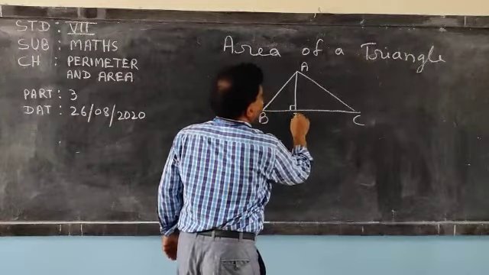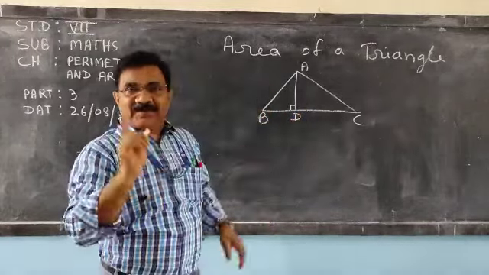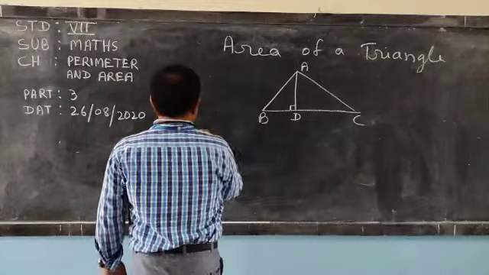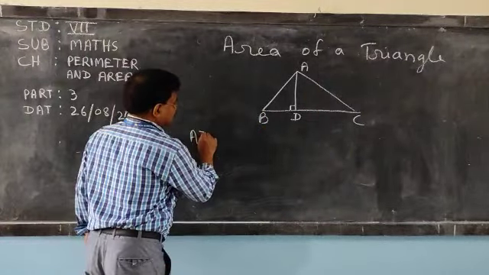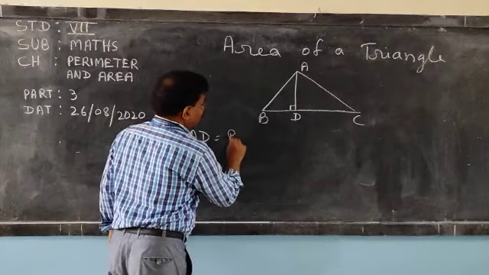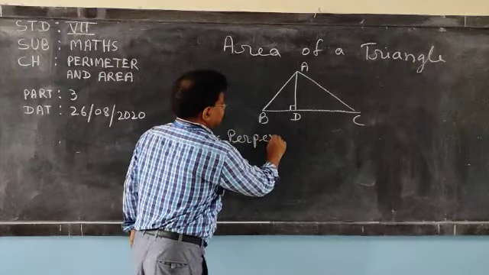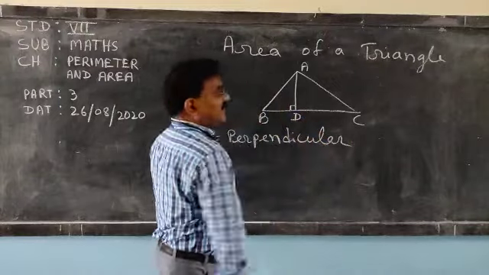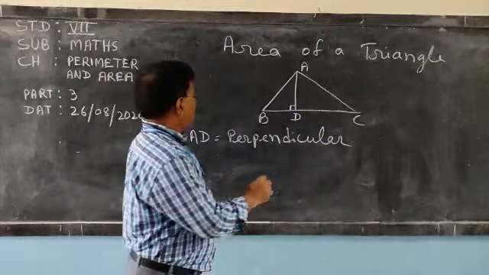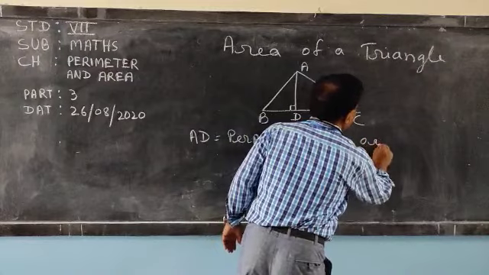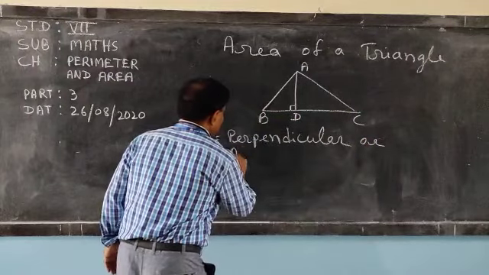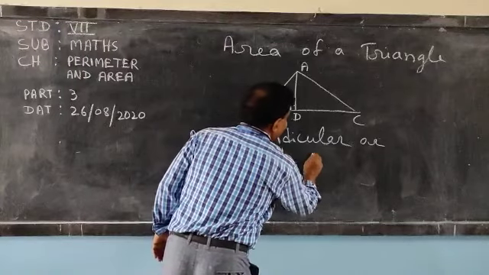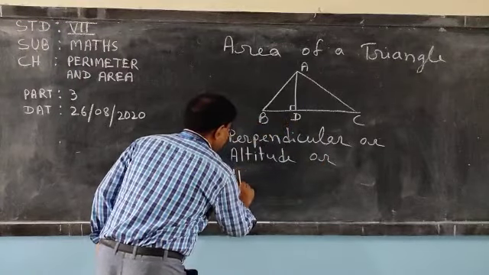Let it be D. AD is the perpendicular or the altitude. Perpendicular is always 90 degrees, or you can say altitude, or you can say height.